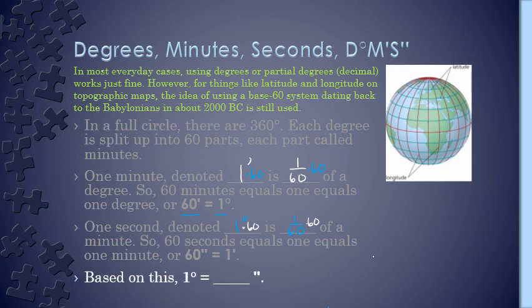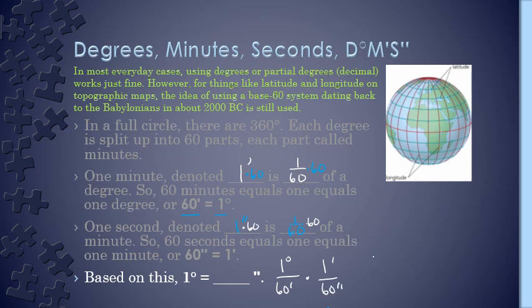Now, based off of this, how many seconds is 1 degree? Well, here's what we know. From up above, we know that 1 degree is 60 minutes, and I know that 1 minute is 60 seconds.